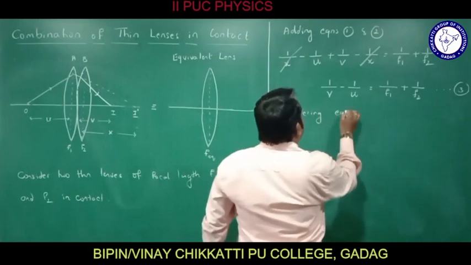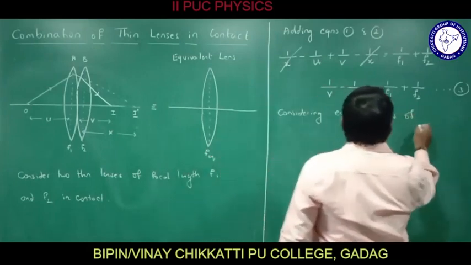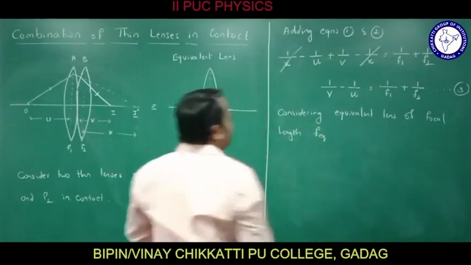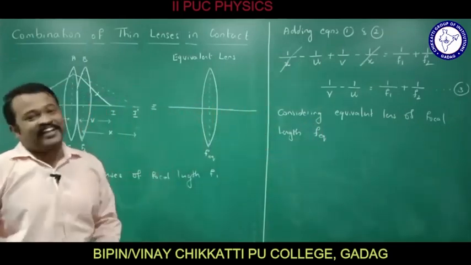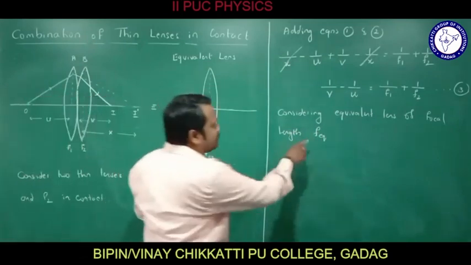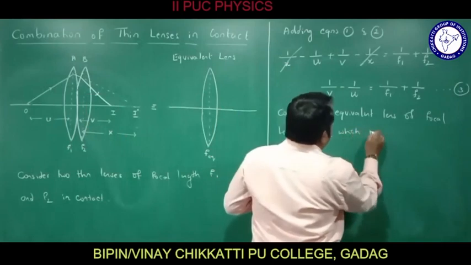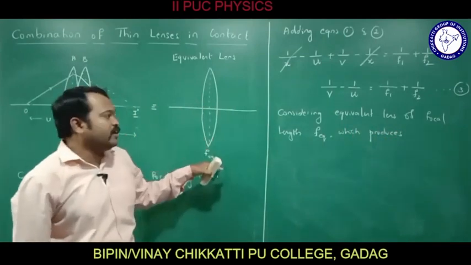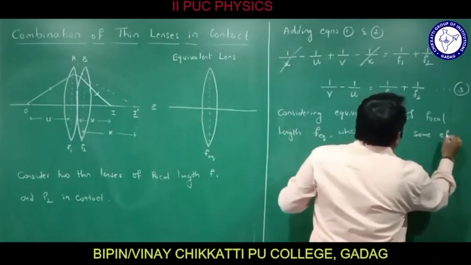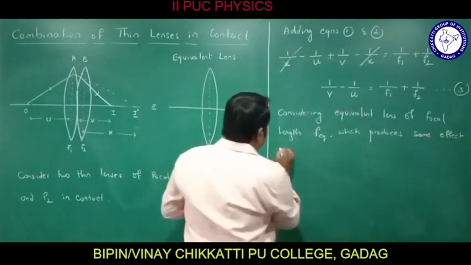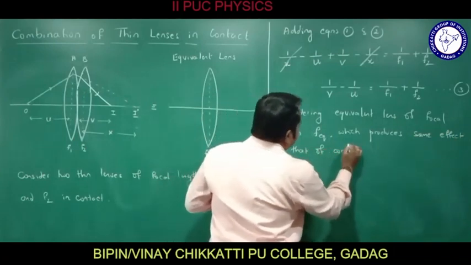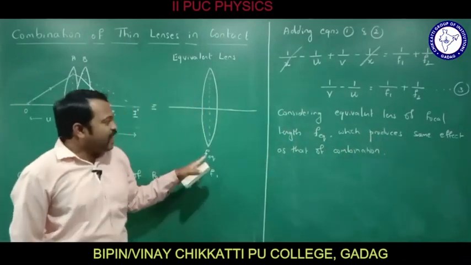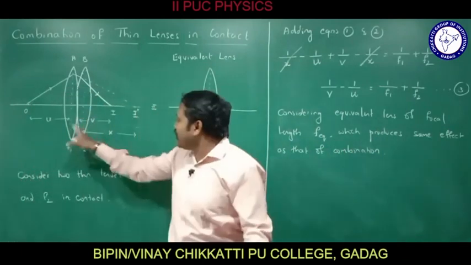Considering an equivalent lens of focal length F equivalent, which produces the same effect as that of the combination, meaning its effect is the same as that of the combination.